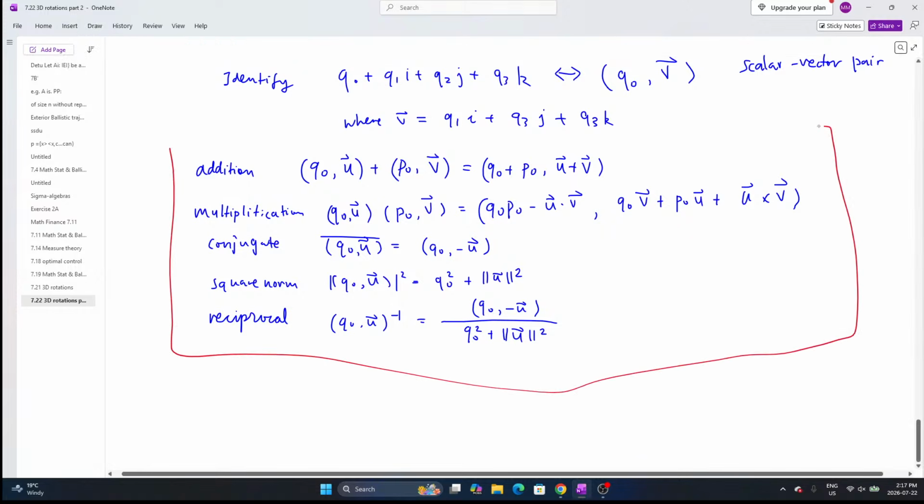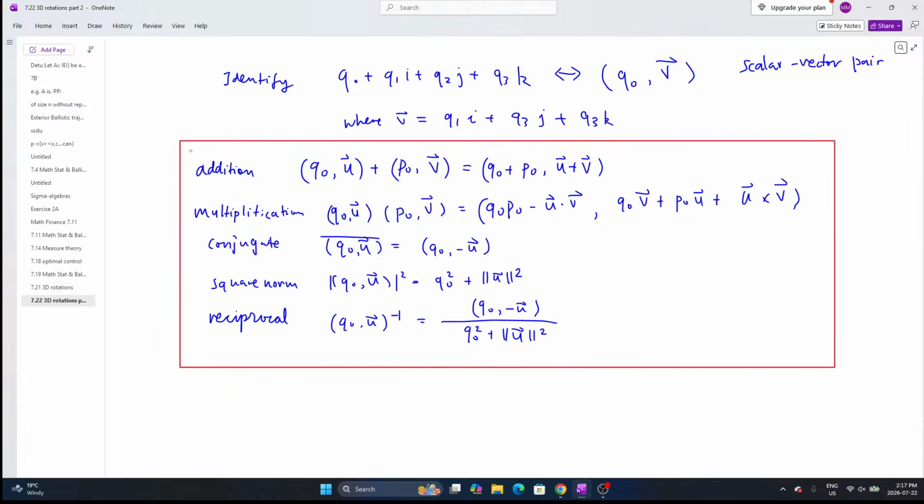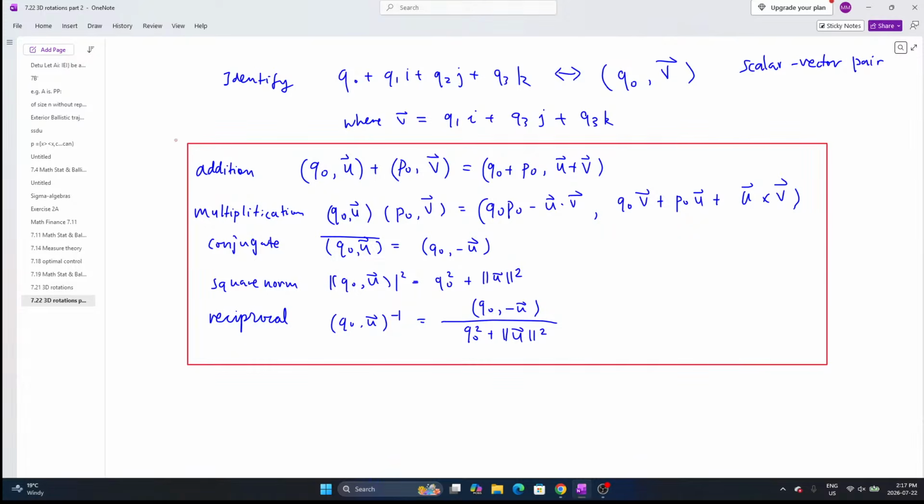Put them together. Okay, this is our formula sheet, little cheat sheet for quaternion algebra. So with all of those things, you can do the usual addition, subtraction, multiplication, and division. Algebra in H.